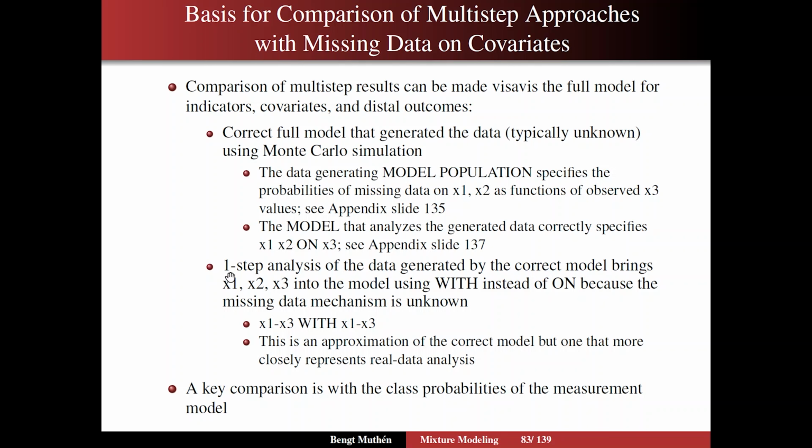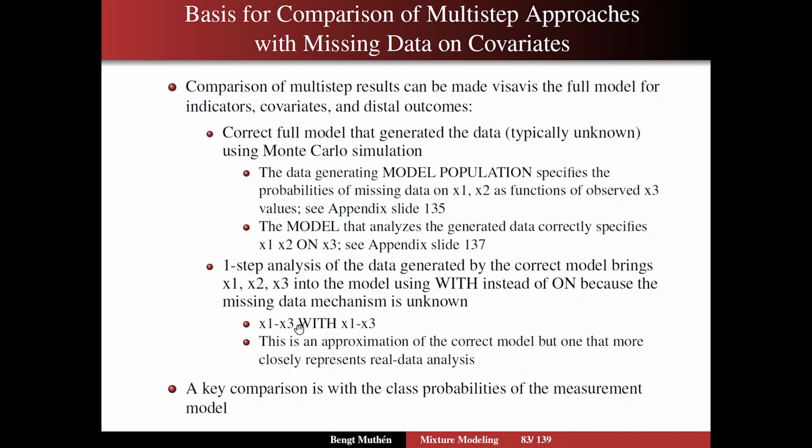And the one-step analysis is motivated here because the true model follows the model used in the one-step. The one-step analysis does not have that distorting effect of distal outcomes or covariates due to how the data were generated.